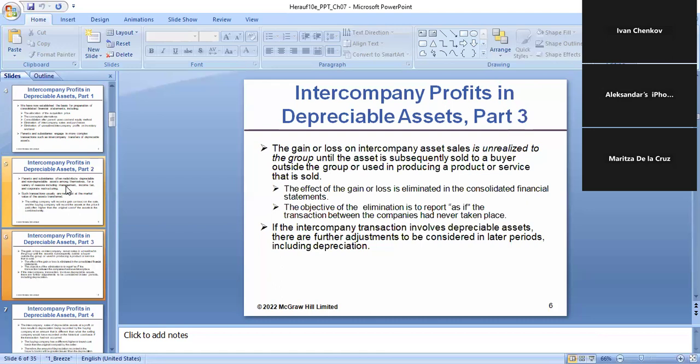In that case, the gains and losses will be eliminated, and the objective of elimination is to bring the companies to the point that they're dealing only with third parties, not with each other.